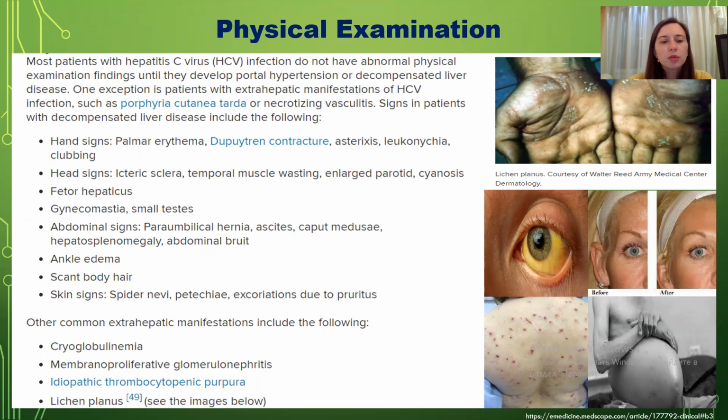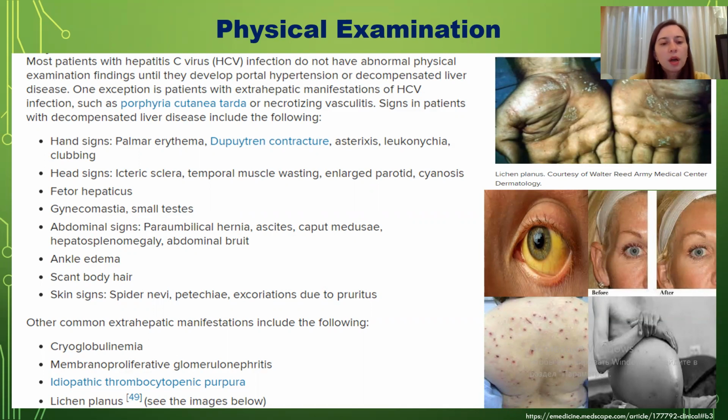Fetor hepaticus, gynecomastia, small testes. Abdominal signs: paraumbilical hernia, ascites, caput medusae, hepatosplenomegaly, abdominal bruit, ankle edema, scant body hair. Skin signs: spider nevi, petechiae, excoriations due to pruritus.